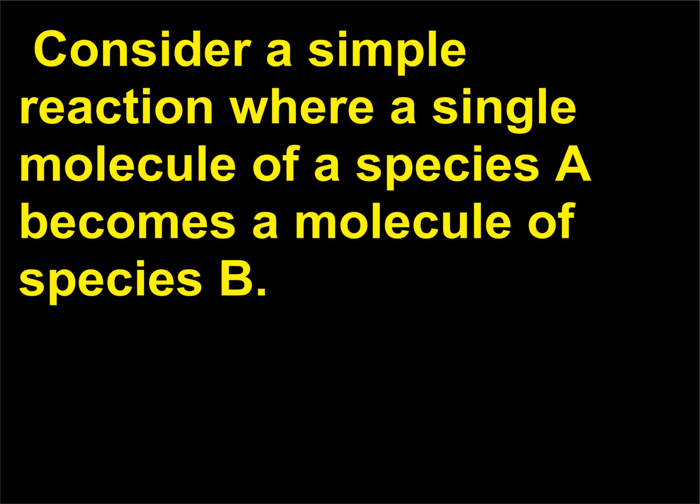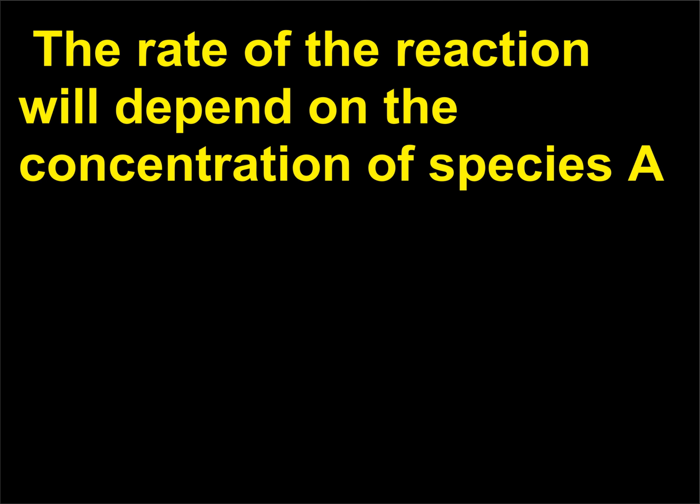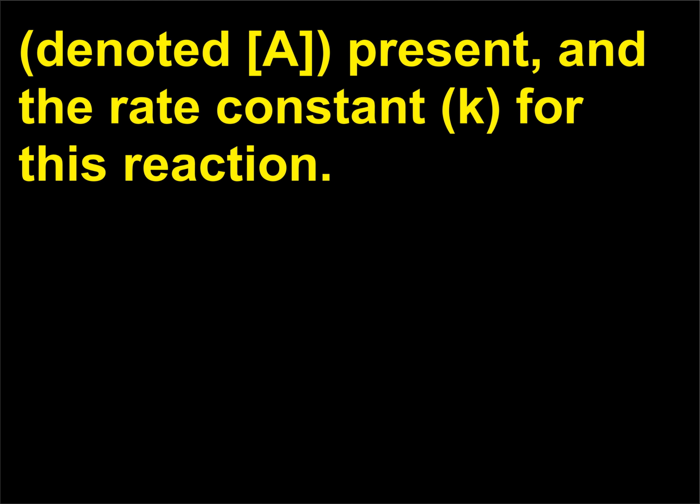Consider a simple reaction where a single molecule of a species A becomes a molecule of species B. The rate of the reaction will depend on the concentration of species A, denoted [A], present, and the rate constant, k, for this reaction.